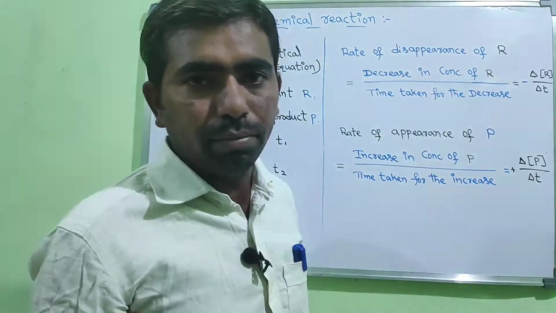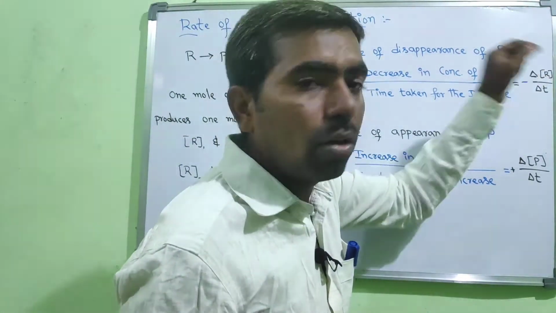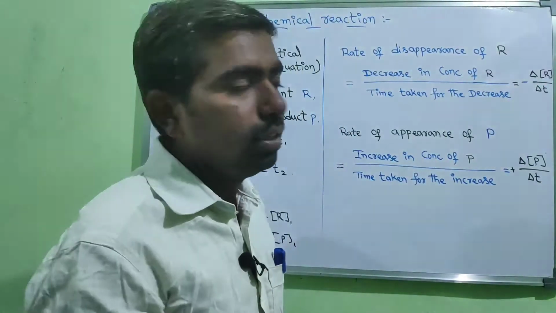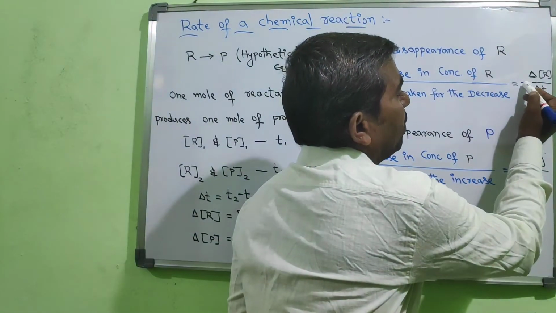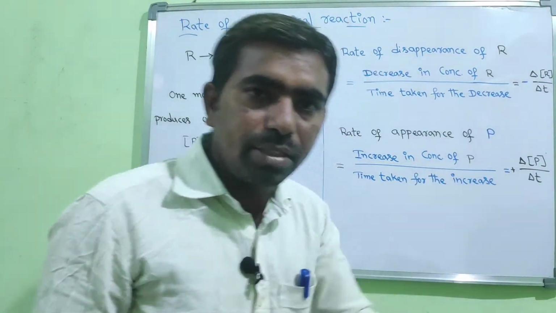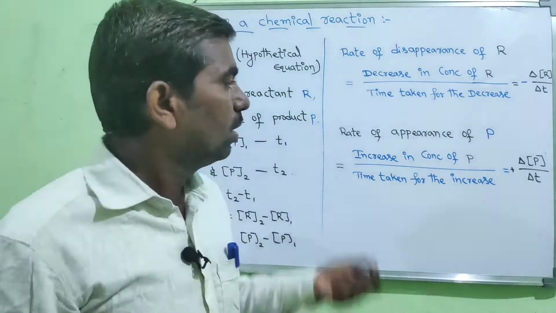It equals the change in the concentration of R divided by the change in the time. Here I have written a negative sign. The negative sign represents the decrease in the concentration of a reactant.